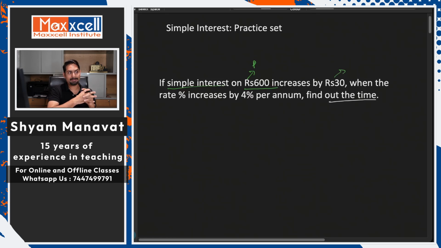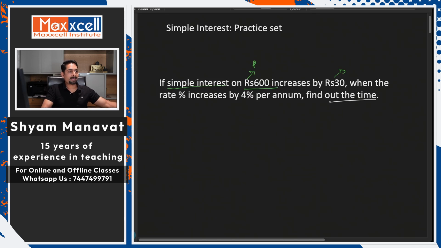Now think like that: you used to receive some simple interest earlier which you are not aware about right now. As per the data given, you don't know what the previous interest was, but it increases by 30. That is given to us.